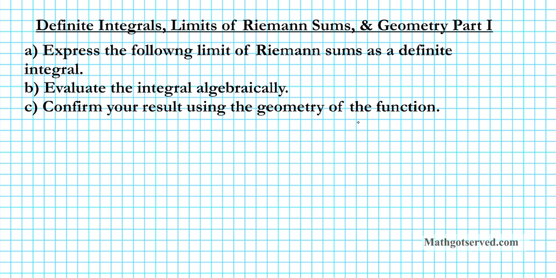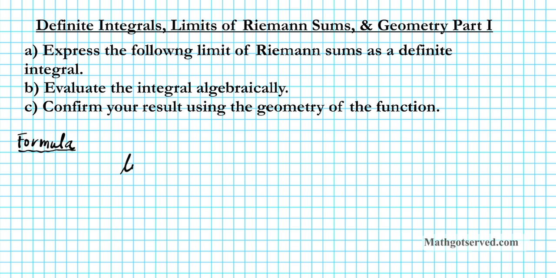Okay. So before we start, let's look at the formula that relates the limit of the Riemann sum to the definite integral. Let's write this down. So let's start with the limit of the Riemann sum. Let's say we have a function that's integrable on the interval [a, b].